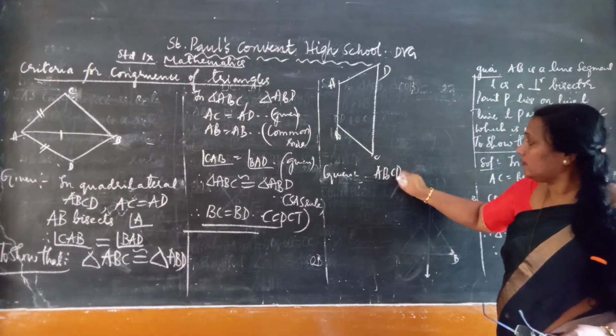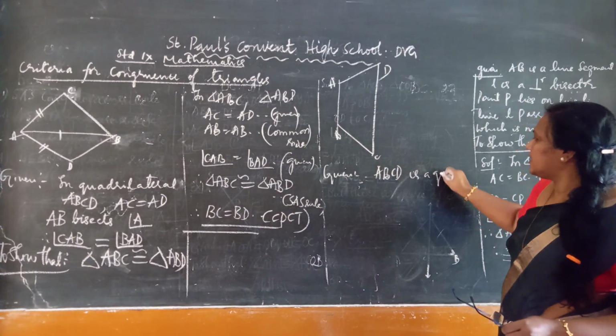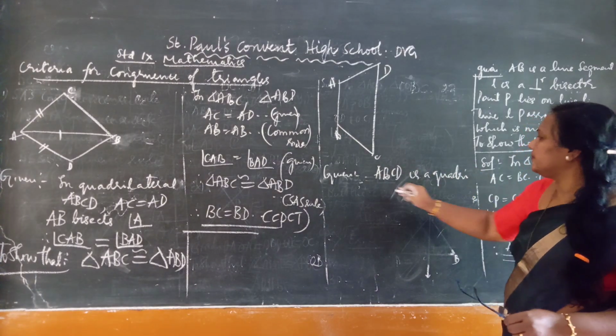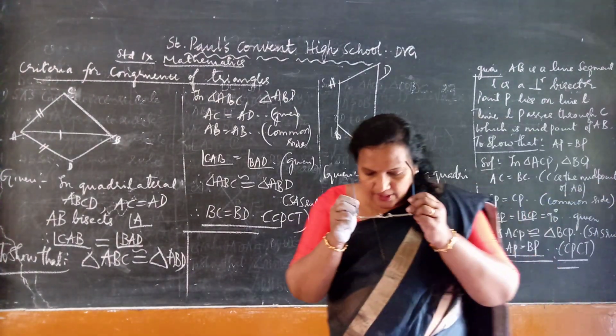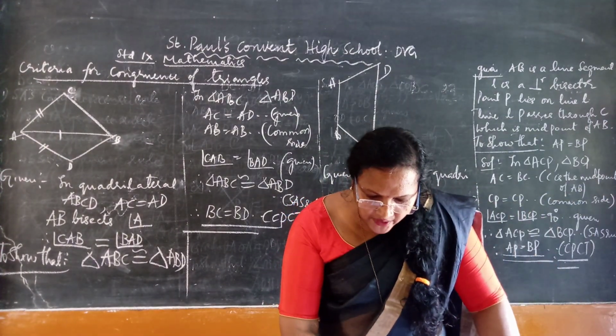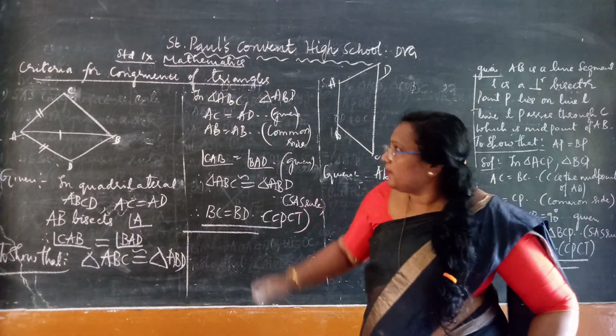Later he says, let us read. ABCD is a quadrilateral. Then what else does he say after that? ABCD is a quadrilateral in which AD is equal to BC.